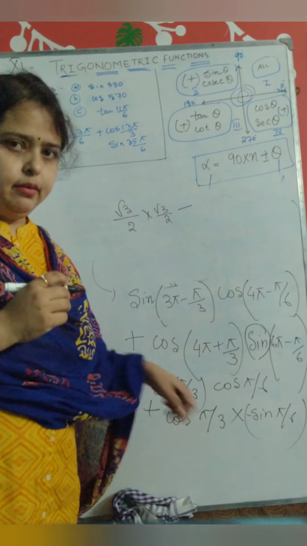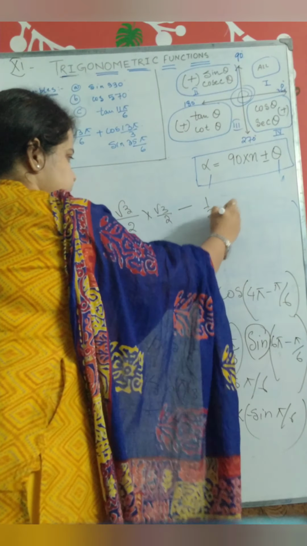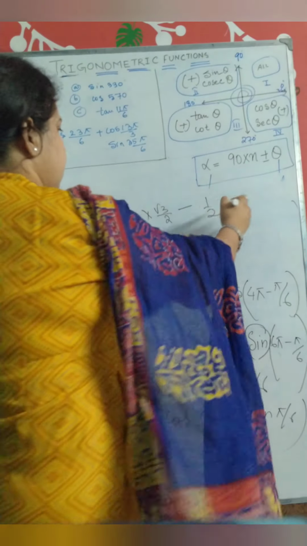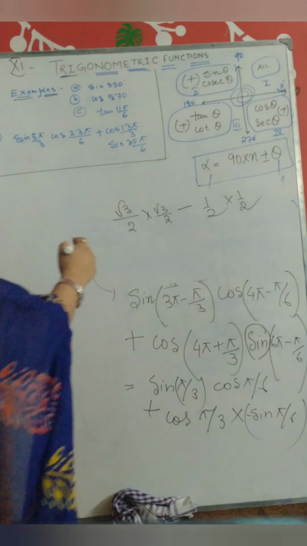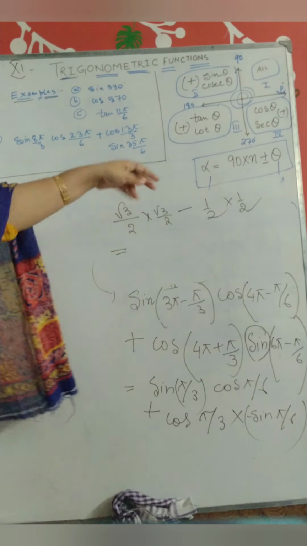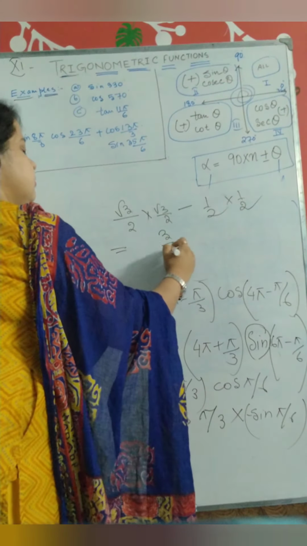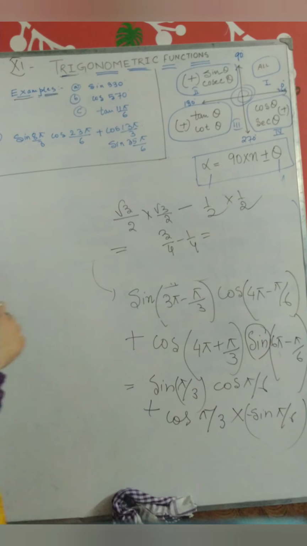Cos pi by 3, again I am saying the same thing, that is 60 degrees, half. And this is another half. So what am I getting as the value? This is root 3 into root 3, this is 3 by 4 minus 1 by 4. So this is half.